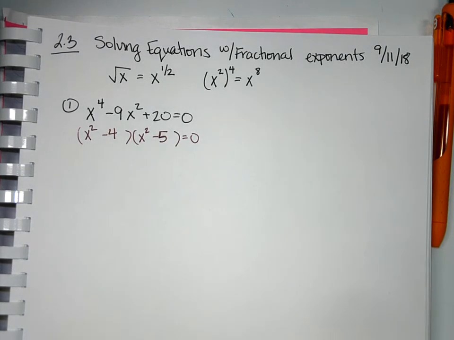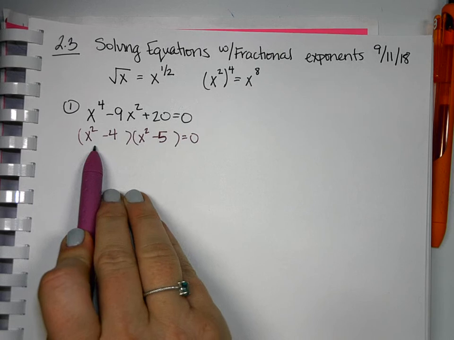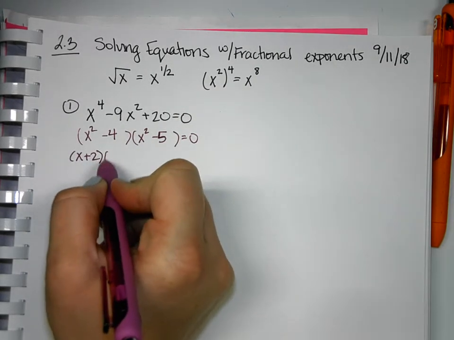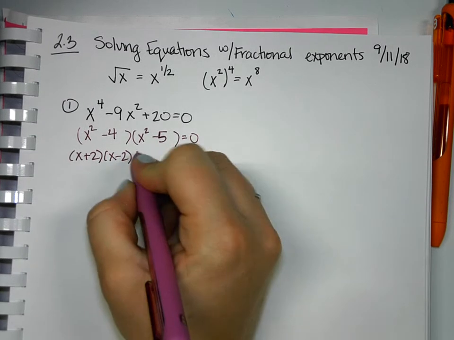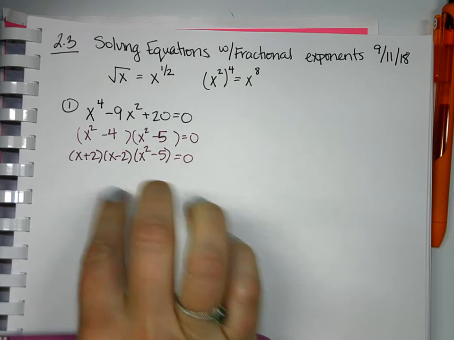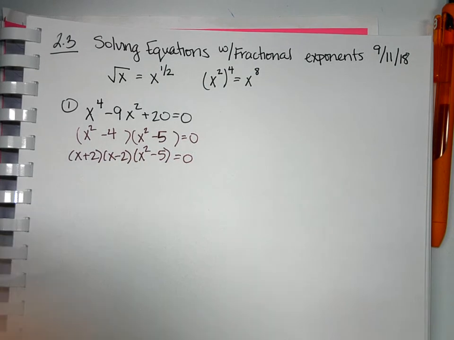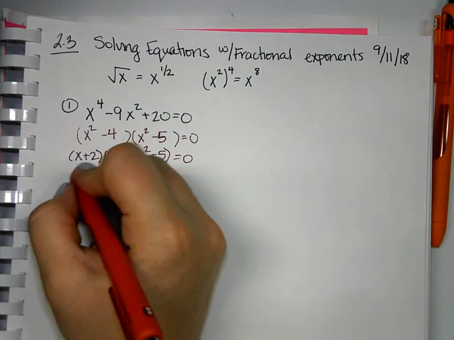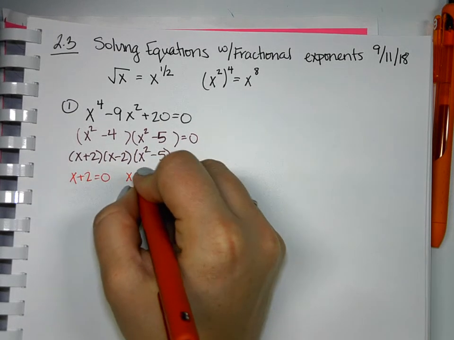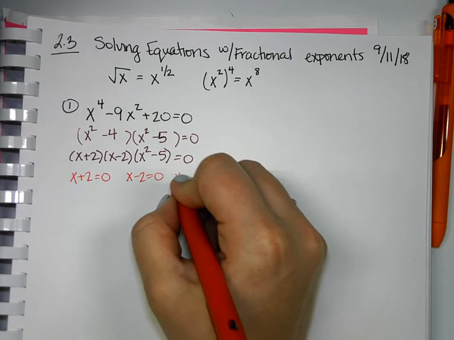Then we can continue factoring if possible, because I notice I have a difference of squares here. So x plus 2 times x minus 2, and then this is just x squared minus 5. Now that we have it all factored, we can set each factor equal to 0 and solve for x.